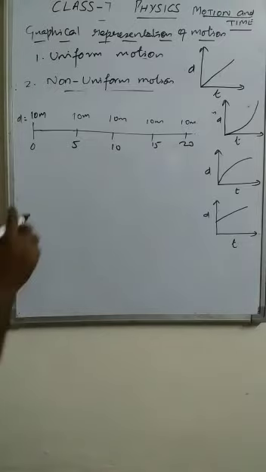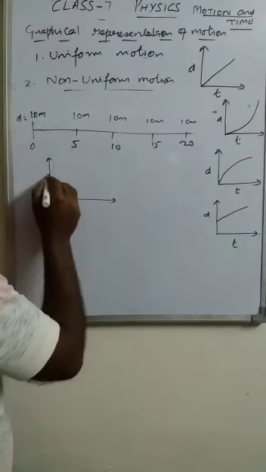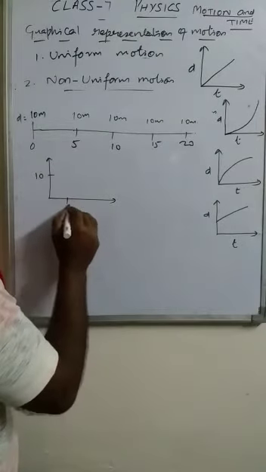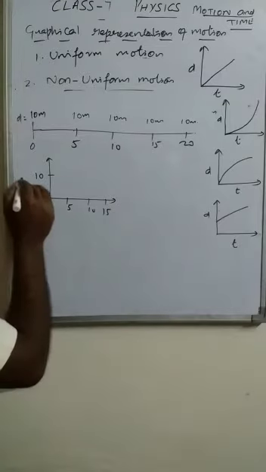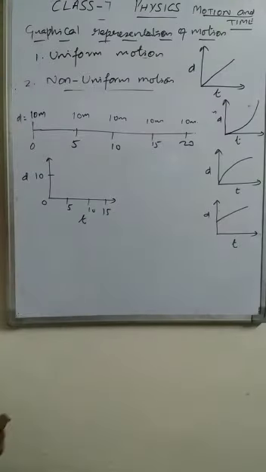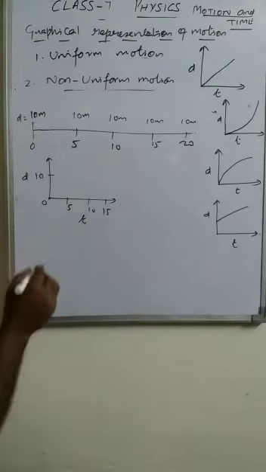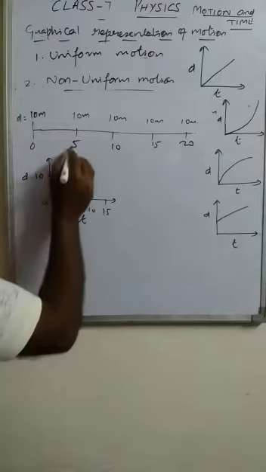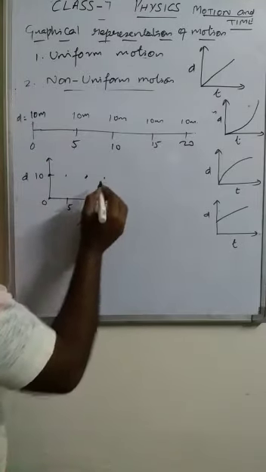For the rest, if you plot the graph, it will be like this. That is 10 meter, with time 5, 10, 15, like this. If we plot the points, at 0 time, 10 meter, this is the point, at 5 seconds 10 meter, at 10 seconds 10 meter, at 15 seconds 10 meter.